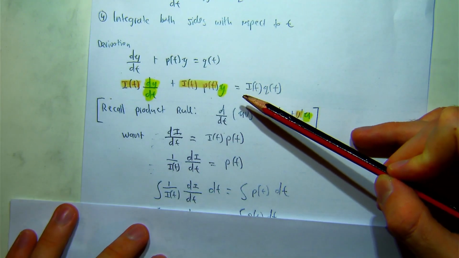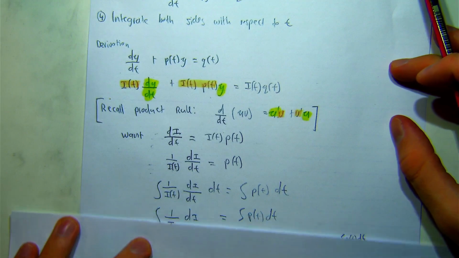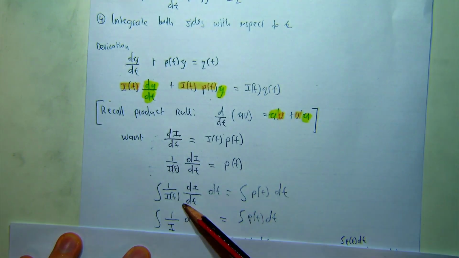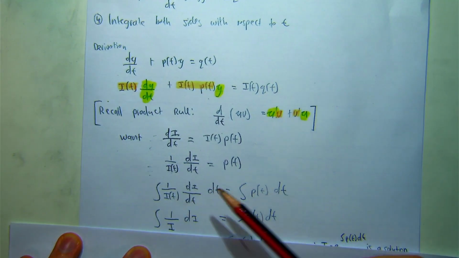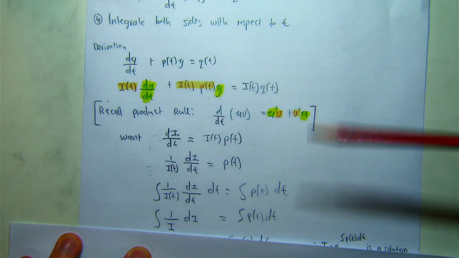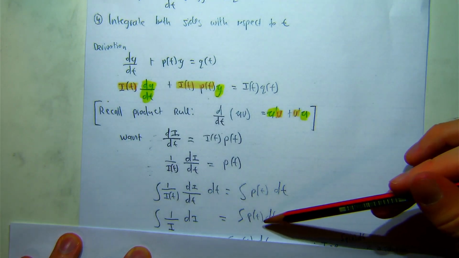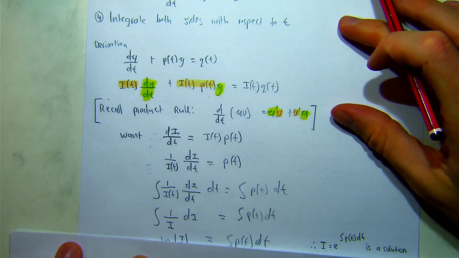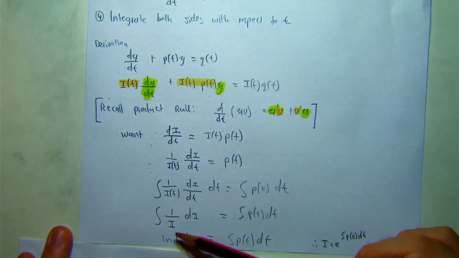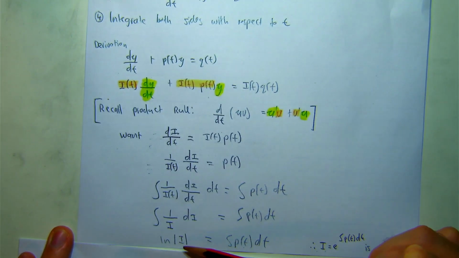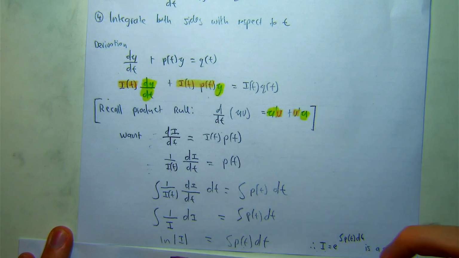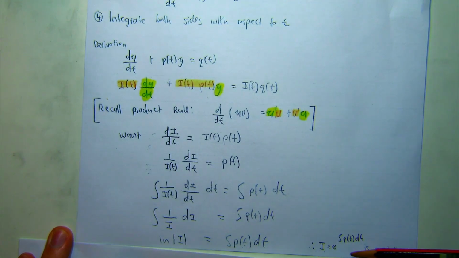And then integrating both sides with respect to t. And then that makes this left-hand side an integral with respect to dI, and this right-hand side an integral with respect to t. And then the integral of 1 on I is ln absolute value of I. And then if we take the exponential of both sides, we have I is equal to this.